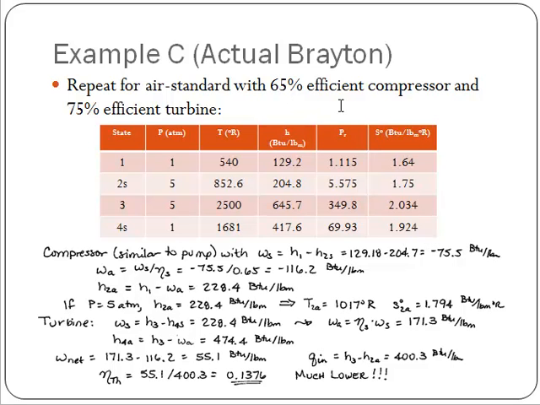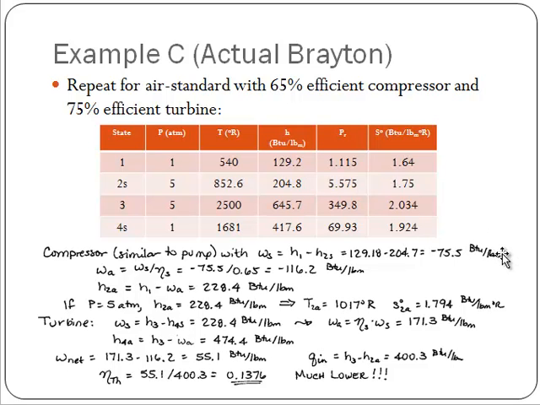So, a 65% efficient compressor, 75% efficient turbine. In that case, let me this time go through and calculate the amount of work for each component. For my compressor, it's the enthalpy at the inlet minus the exit. So the ideal amount is going to be H at state 1 minus H at state 2.